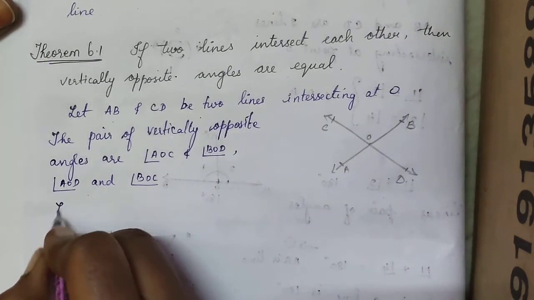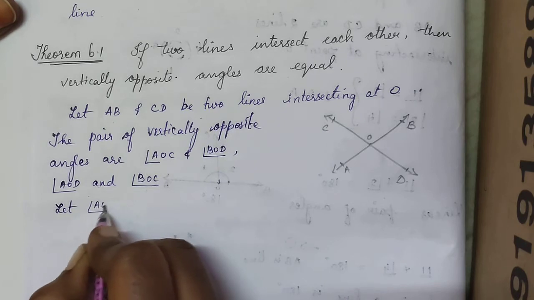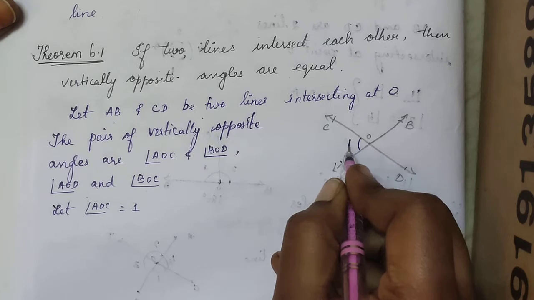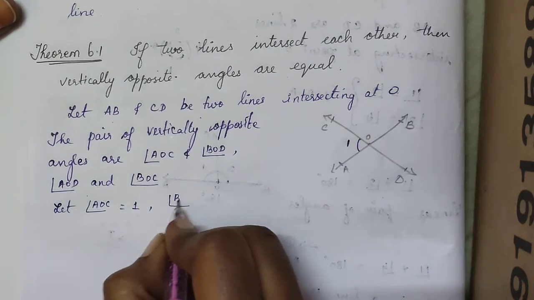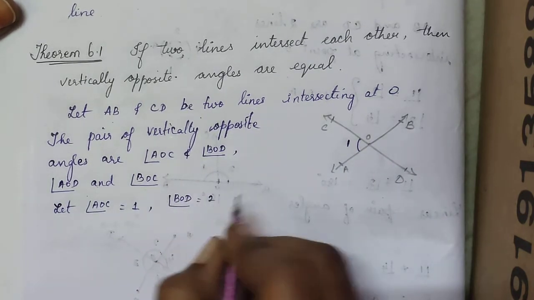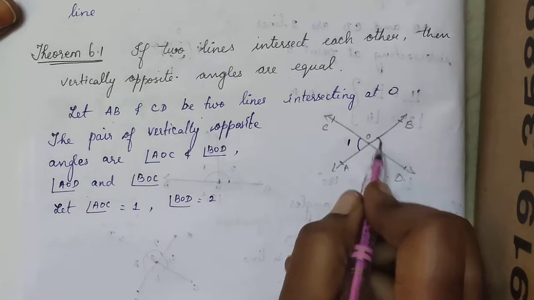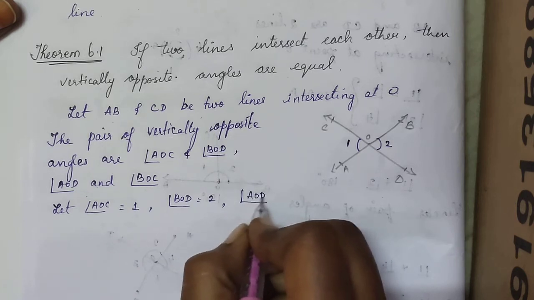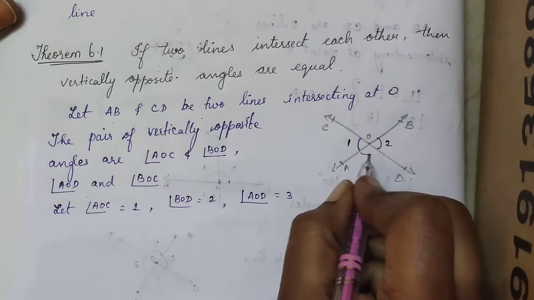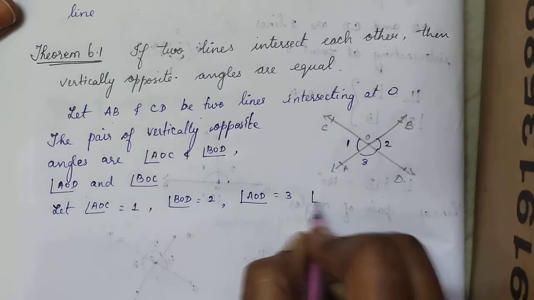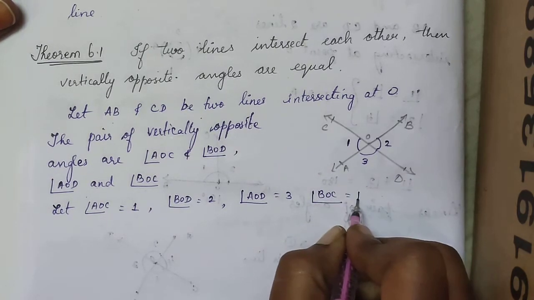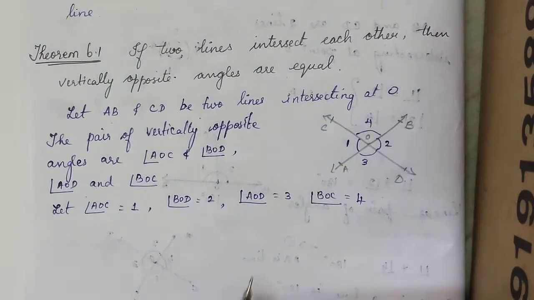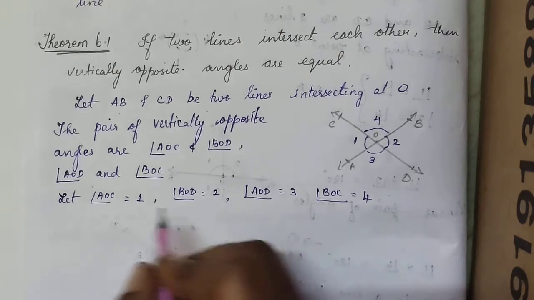Now let angle AOC be equal to 1. Let us give the number 1. Angle BOD is equal to 2. Next, angle AOD is equal to 3. Angle BOC is equal to 4. I have given numbers here. So hereafter, instead of these, I will be using the numbers.